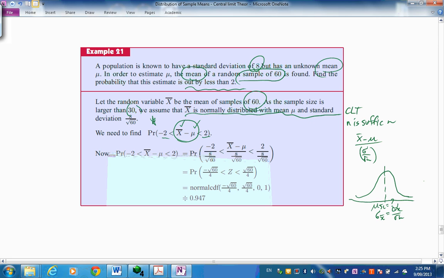So it's the same z-score idea. We're going to divide through by 8 on root 60, and therefore we're going to look at the probability of getting a z-score between this value and this one. So whenever you have an unknown mean, in some way or another, you do need to revert to z-scores. You just have to adjust your distribution.